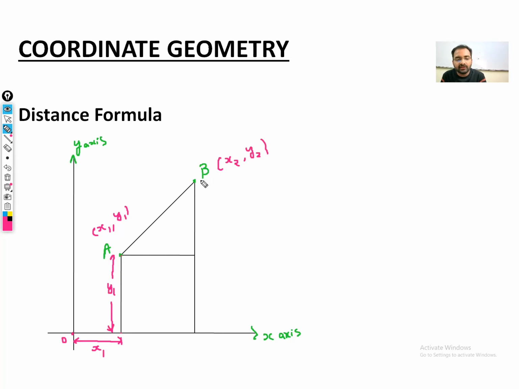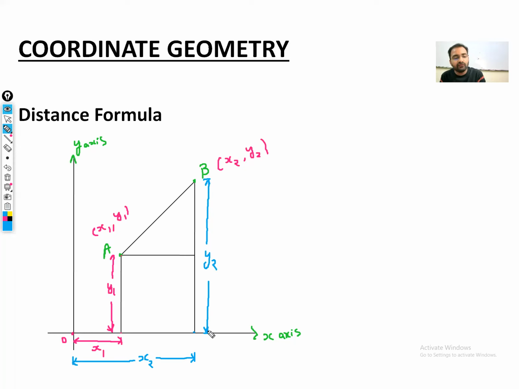If I'm taking the coordinate of point B as x2 comma y2, what does it actually mean? It means that from the origin to this point, the distance is x2, and from this point to this point, the vertical height is y2. Height of this point is y2.